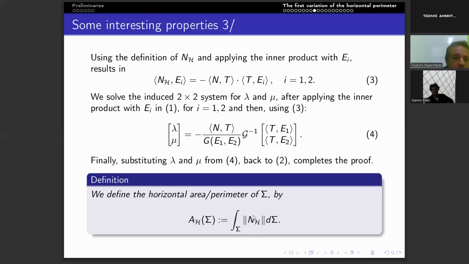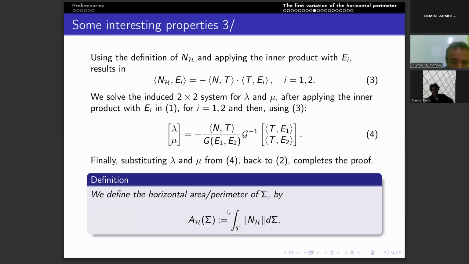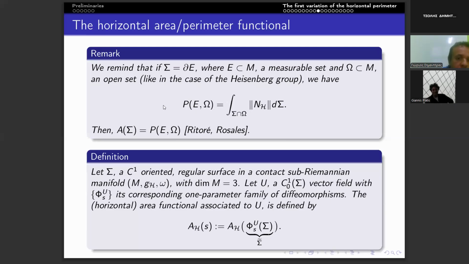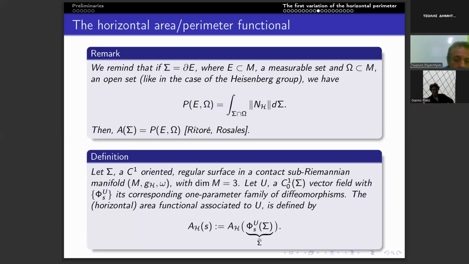And we remind that if S is the boundary of a set T, which is a measurable set, and omega is an open set of M, like in the case of the Heisenberg group, this definition of the horizontal area is practically equivalent to the definition of the horizontal perimeter of E in omega described in the book of Capogna here. This definition of the horizontal perimeter we described in our previous talk. And so the horizontal area of sigma is equal to this. This is a remark of Ritoré and Rosales in a paper of theirs.